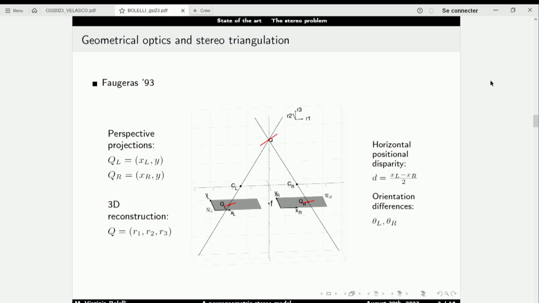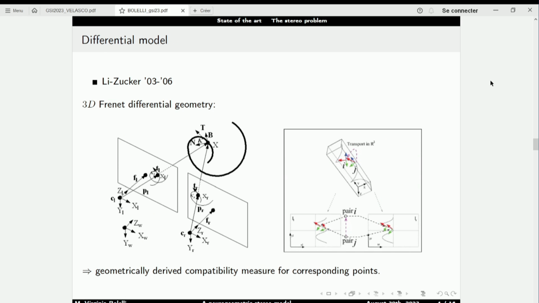These edges are usually thought to be tangents to visual stimuli, and here geometric computation on curve matching has been developed in order to infer the three-dimensionality of the visual scene, for example, by Faugeras. In this setting, the Zucker group was able to derive the 3D Frenet frames of a space curve, starting from differential information on the two retinas.